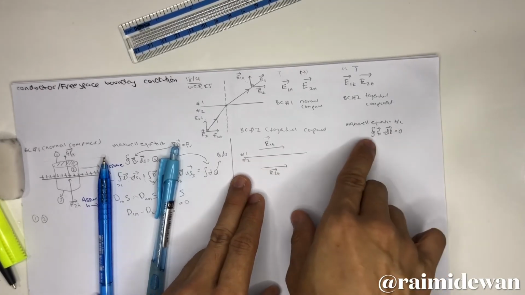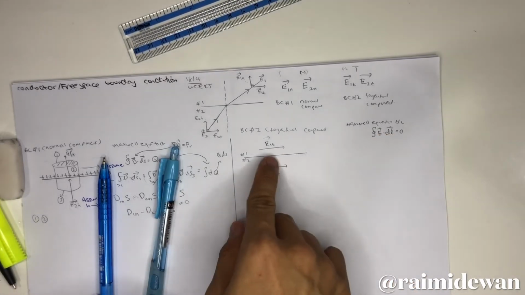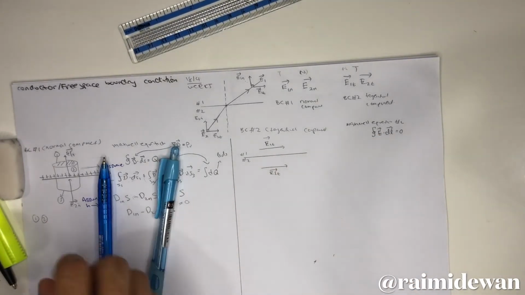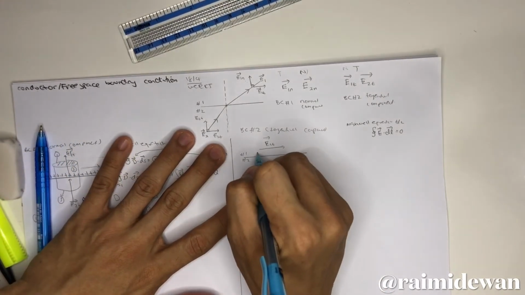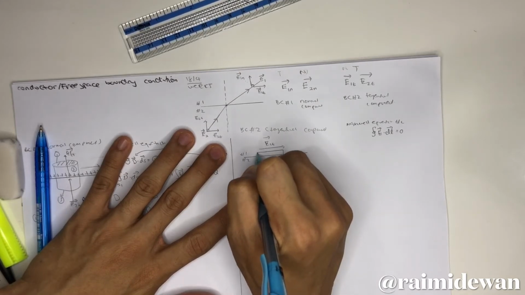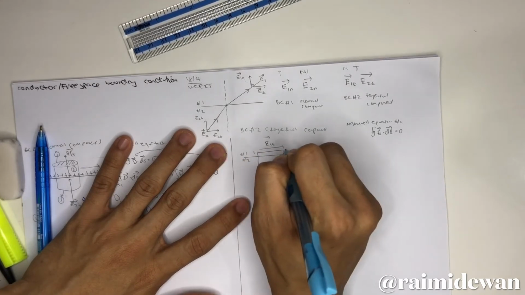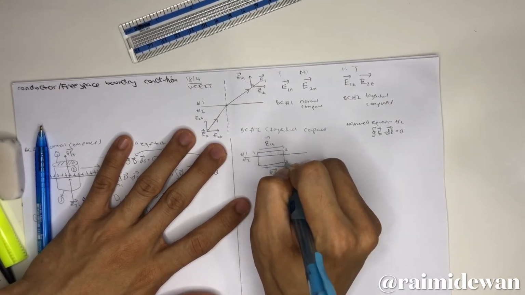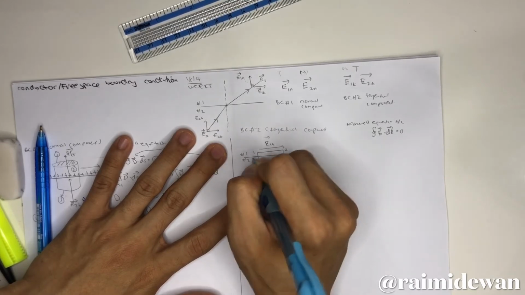It needs to be a closed loop, so we make a loop from 1 to 2, 2 to 3, 3 to 4, and 4 back to 1.